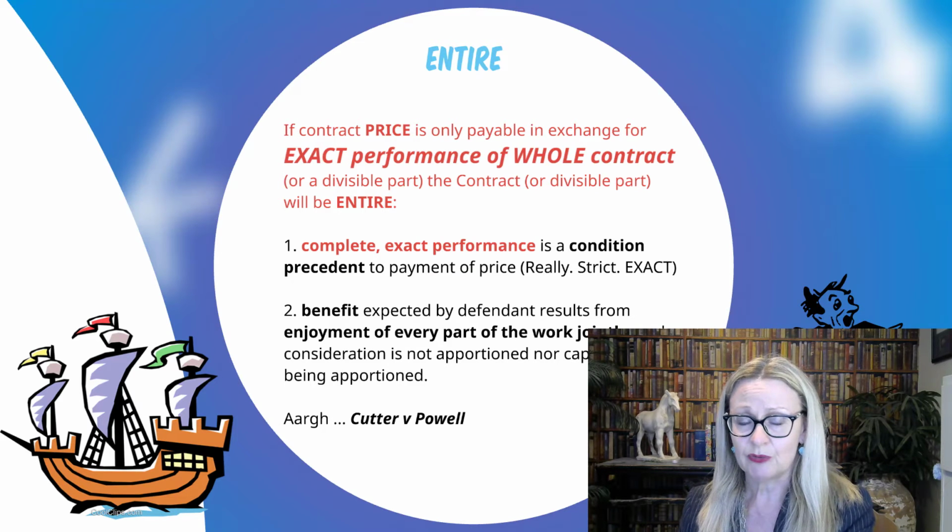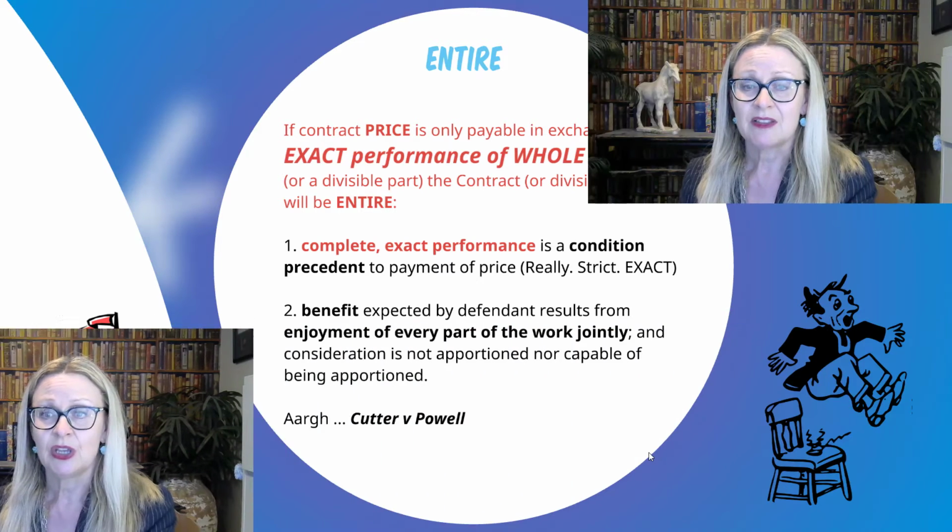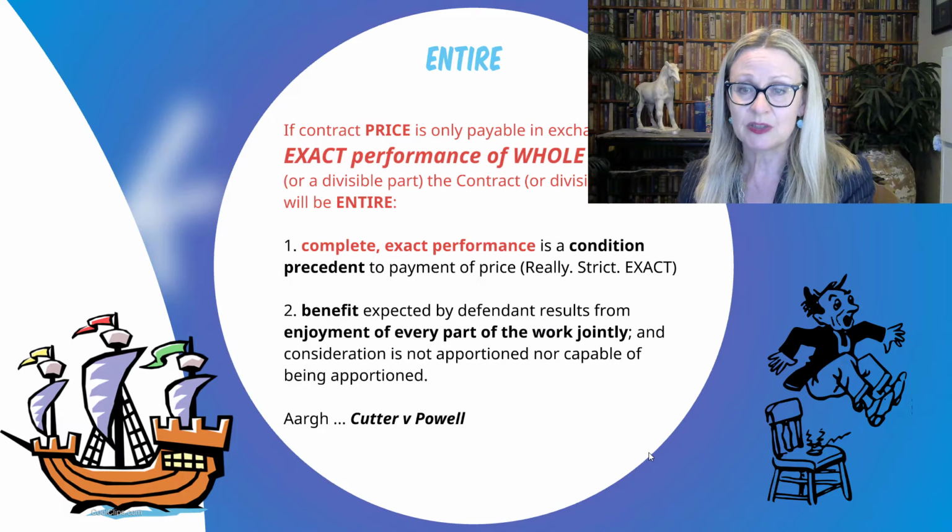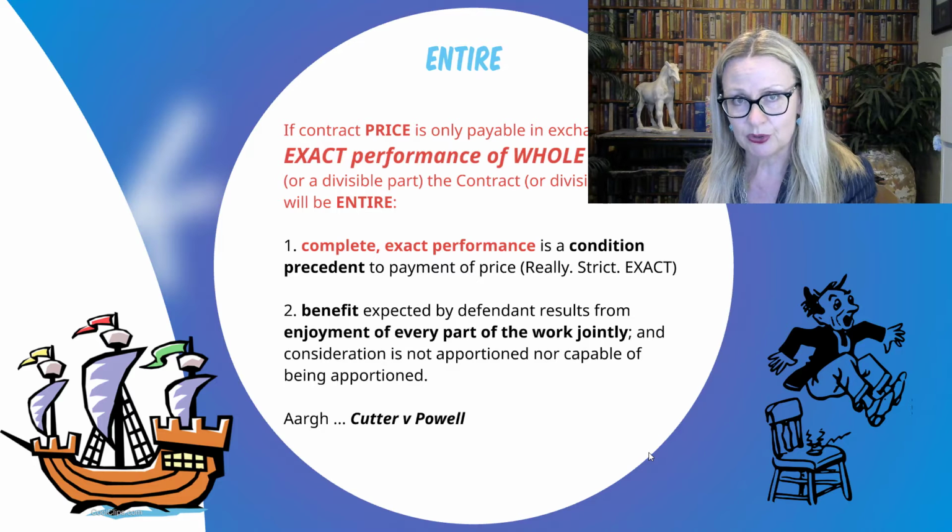The contract itself will normally specify that complete exact performance is a condition precedent to payment. The second thing is that the benefit expected by the defendant results from enjoyment of every part of the work jointly. Consideration can't be apportioned to part of the work.